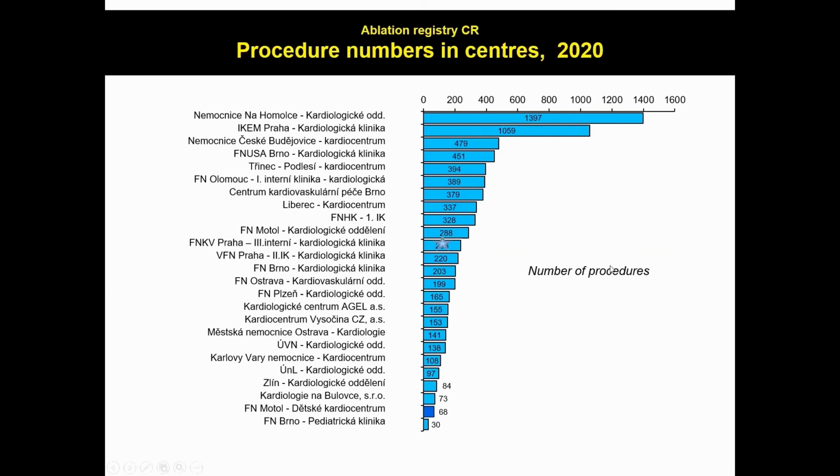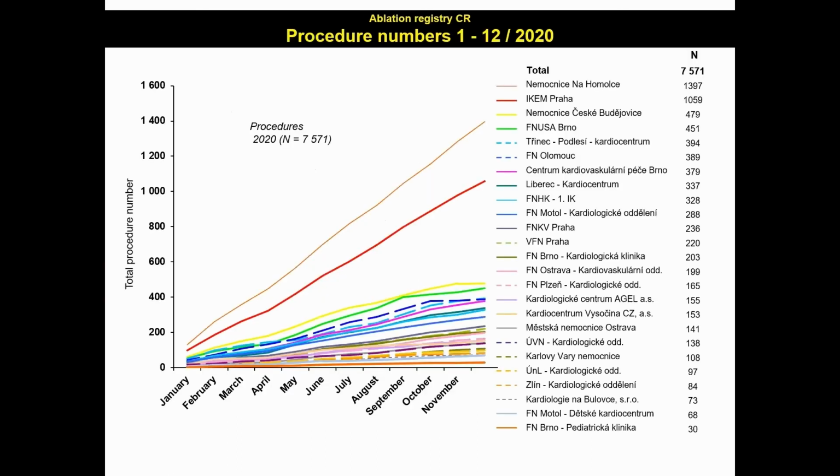These are procedure numbers in particular centers in Czech Republic in 2020. There are 2 centers doing more than 1,000 ablations a year, the hospital in Homolka and IKEM. These are small numbers for the pediatric population, but in none of the 23 adult centers are fewer than 50 cases a year done. The numbers increase all year round.